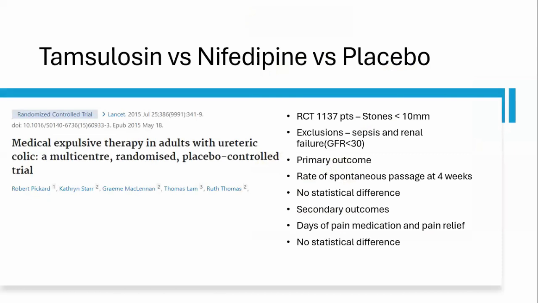So the general rule is if your patient's not sick, they don't have a deranged urea and electrolytes, they're not febrile, and they haven't had any instrumentation or abnormal kidneys, and they have a non-obstructing stone less than 10 millimeters, you can probably send them home. Okay, so these studies looked at, is there a difference if you give them tamsulosin or nifedipine versus the placebo?